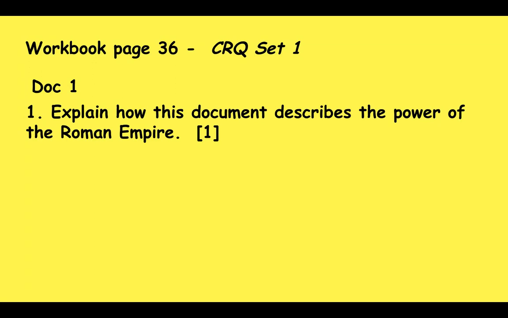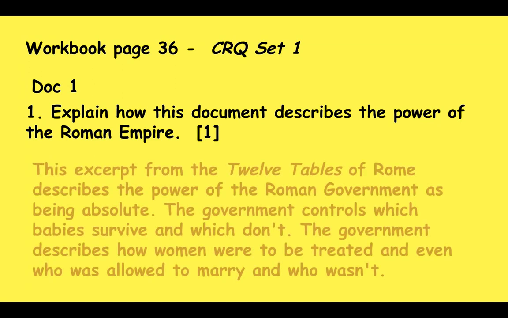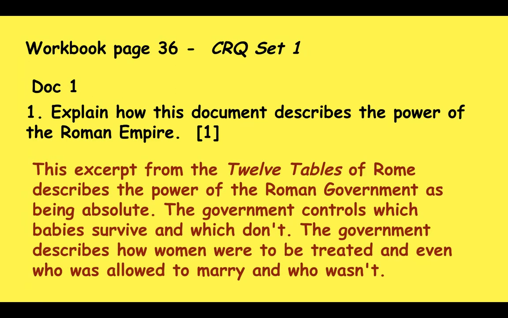Welcome back, my friends. So what'd you say? Here's what I said. I said this excerpt from the 12 Tables of Rome describes the power of the Roman government as being absolute. The government decides which babies survive and which don't.